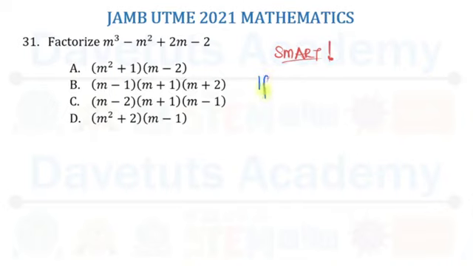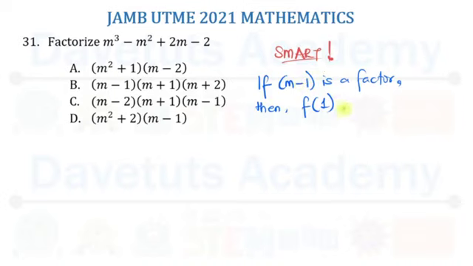In this case, the factor theorem says that if m minus 1 is a factor of that polynomial, then the function of 1, which is gotten by saying m minus 1 is equal to 0, then m will be 1 when 1 moves to the other side, then function of 1 is equal to 0.